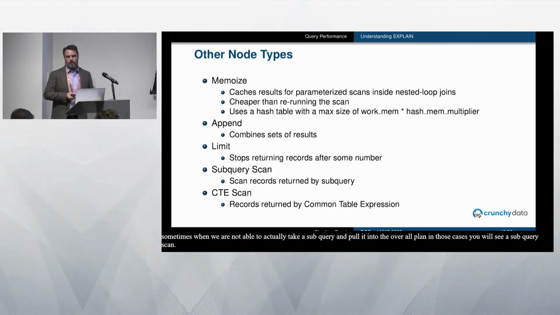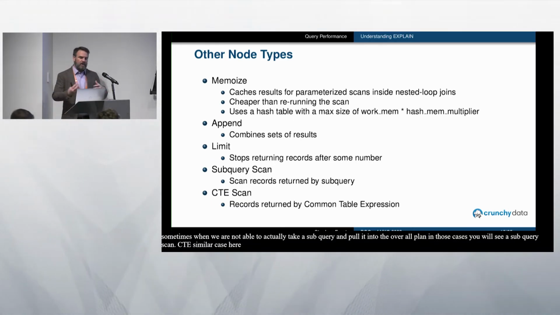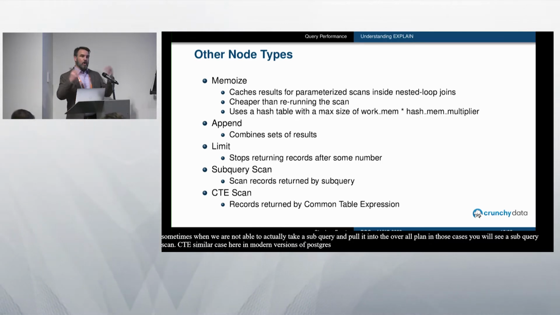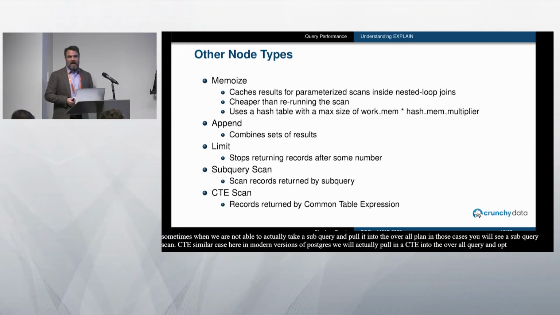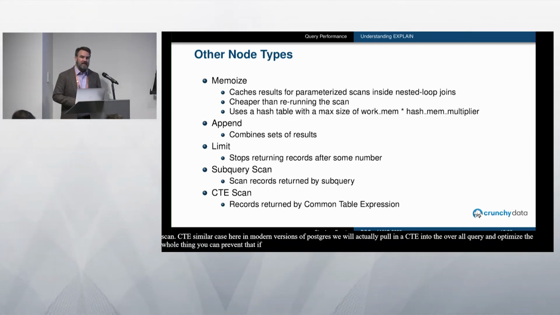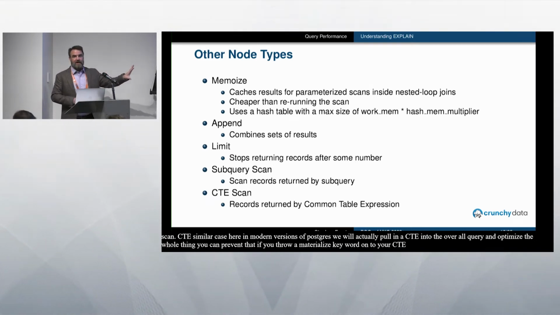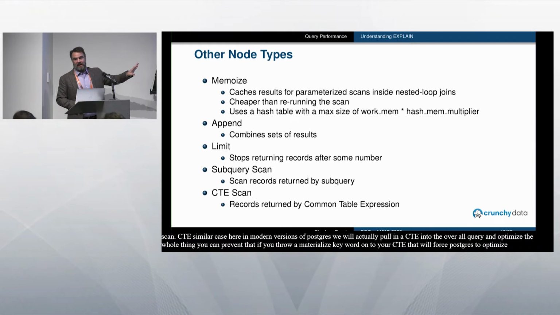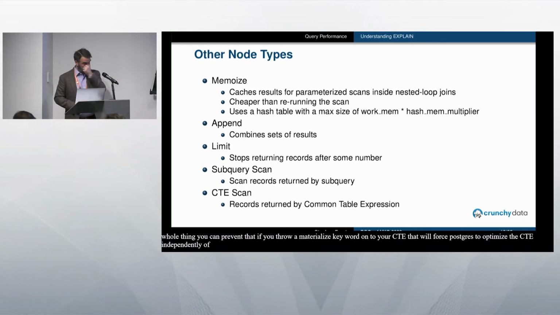In modern versions of Postgres, we will pull a CTE into the overall query and optimize the whole thing. You can prevent that if you throw a MATERIALIZED keyword onto your CTE. That will force Postgres to optimize the CTE independently of the overall query, and that's a case where you'll see a CTE scan happen.